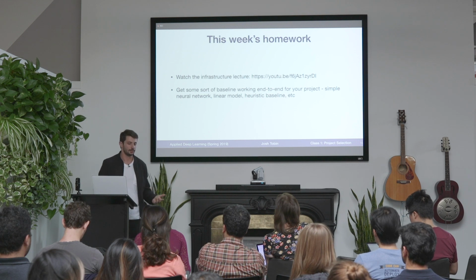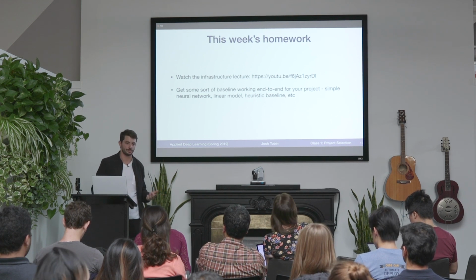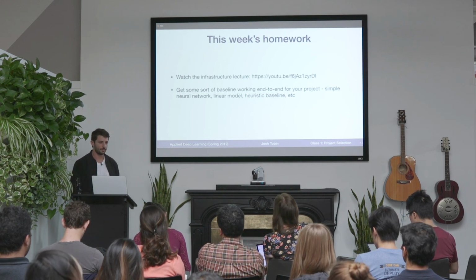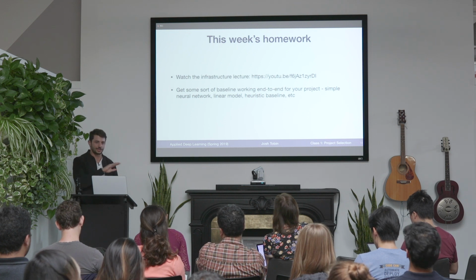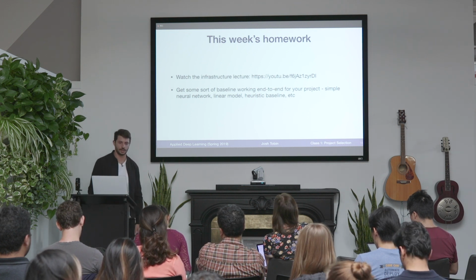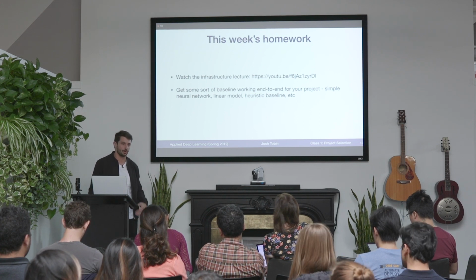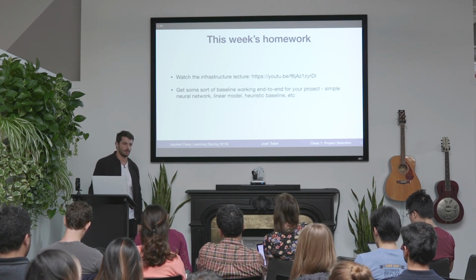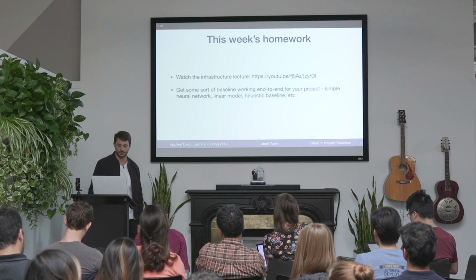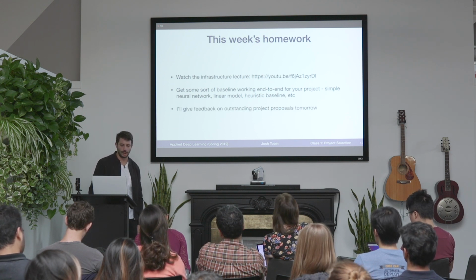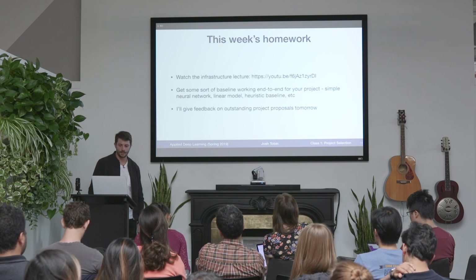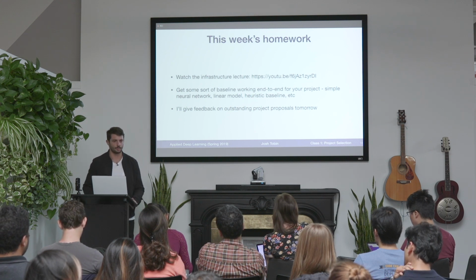For some of you, it'll be some sort of heuristic or some result from some paper. But the important thing is just to have some indication of what a baseline performance looks like. You've all put suggestions there in the project proposal, and so I'll go through and comment on those. That's what you should try and execute on this week. And then I'll give feedback on the outstanding project proposals. Any questions about the project or about the homework for next week?